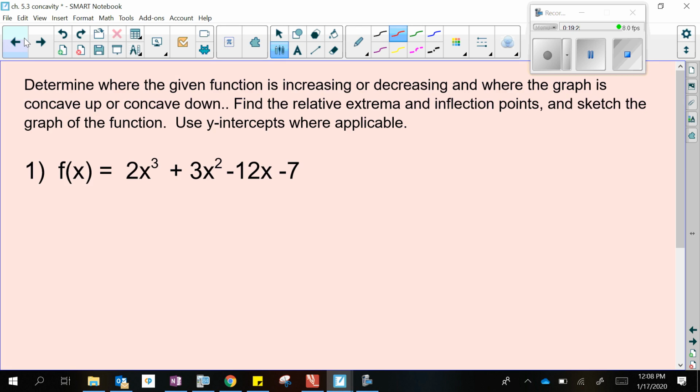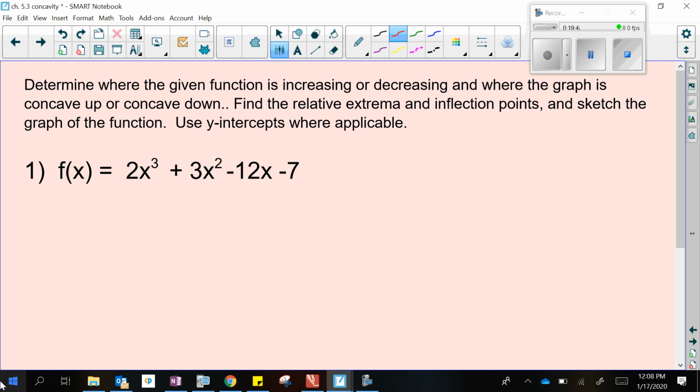Okay? So here's the big finale, like the crescendo of the whole chapter. We're going to take one function and determine where it's increasing and decreasing, and where it's concave up or down. Find the relative extrema, the mins and the maxes, the inflection points, and sketch the graph.